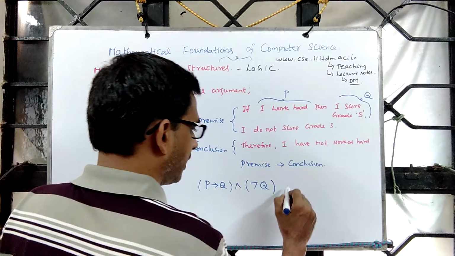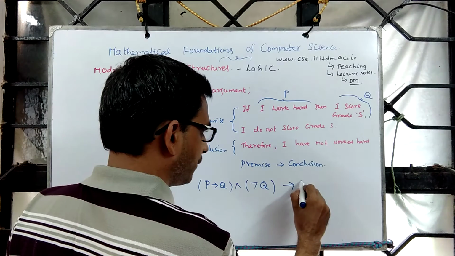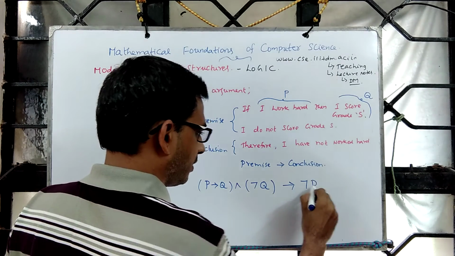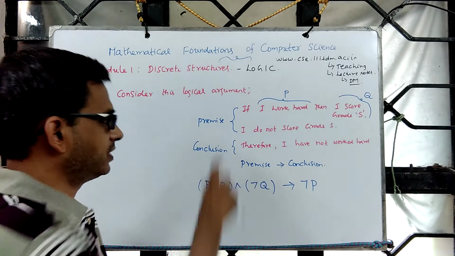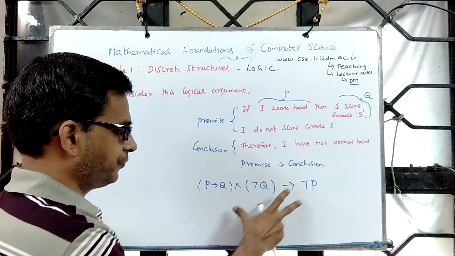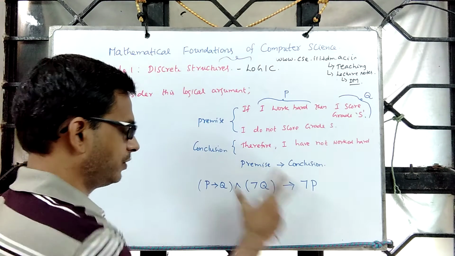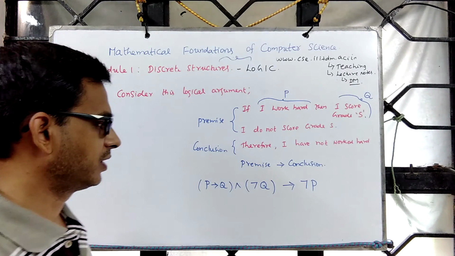This implies, what is our conclusion? Therefore, I have not worked hard. So this is our natural language text, and if you transform it to a logical expression, we precisely get this.